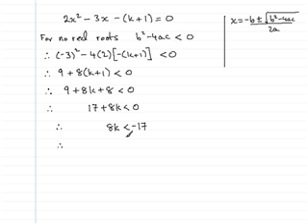Next I will divide both sides by 8, and I'll get the constant k is less than minus 17 over 8. It says find the set of possible values of k. So k is any number less than minus 17/8. Okay, so I hope you got that one right.